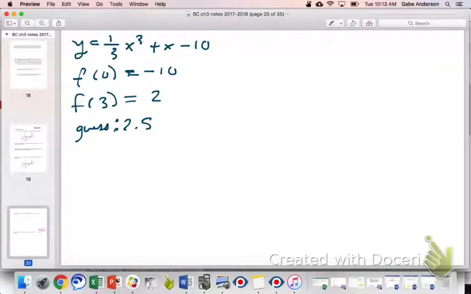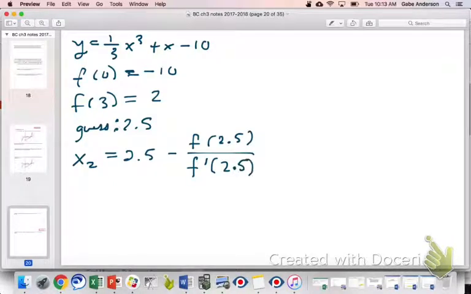So we start using Newton's method. x2 is equal to 2.5 minus f of 2.5 all over f prime of 2.5. When you guys ran that first cycle, Caroline, Darian, you started with the same number.